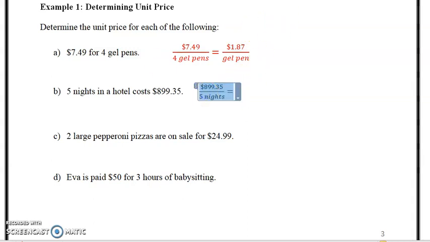We punch that in the calculator. You could probably do some mental math in your head of roughly what that's going to be. You said around $180 because it's approximately $900. You'll be right. It is $179.87 per night. Remember, the denominator is whatever the item is being purchased, and the dollar amount is in the numerator, and we divide. Okay?